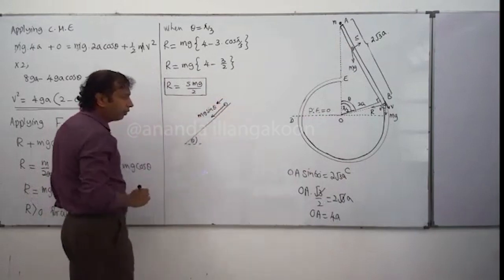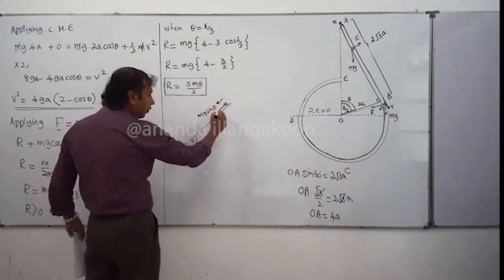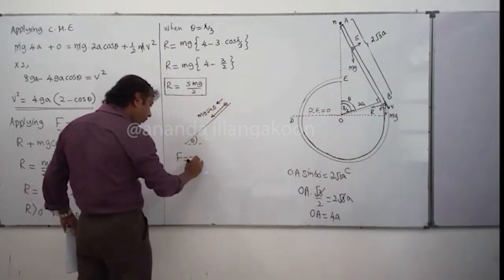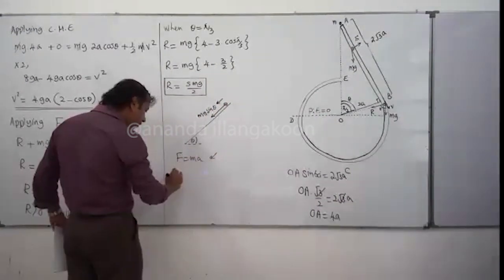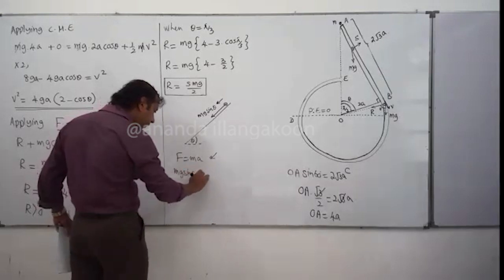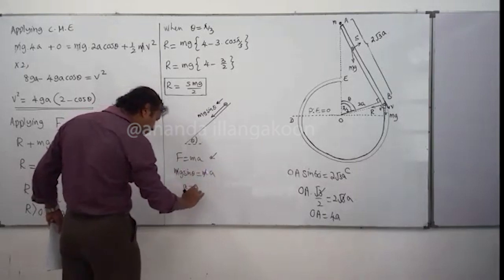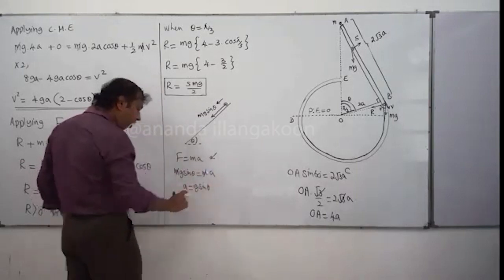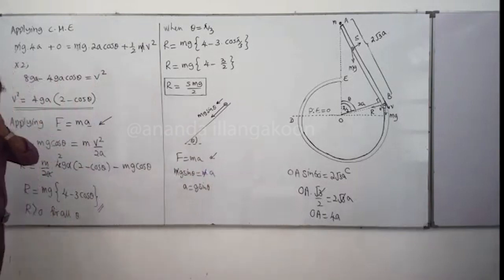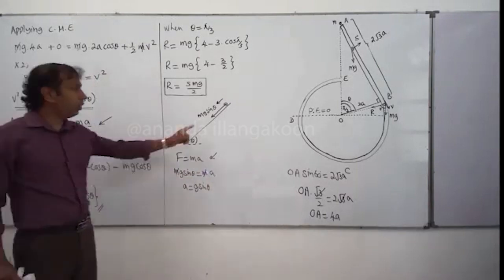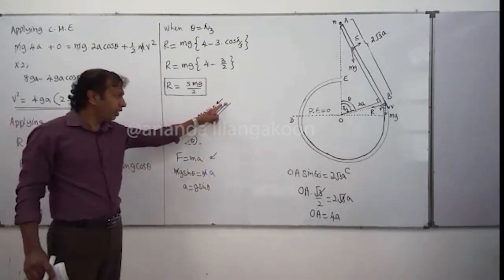Now for this particle, if we apply F equals ma in this direction, mg sin theta equals m times a. The m's cancel, so a is g sin theta. Therefore, the particle is moving with constant acceleration along this direction.